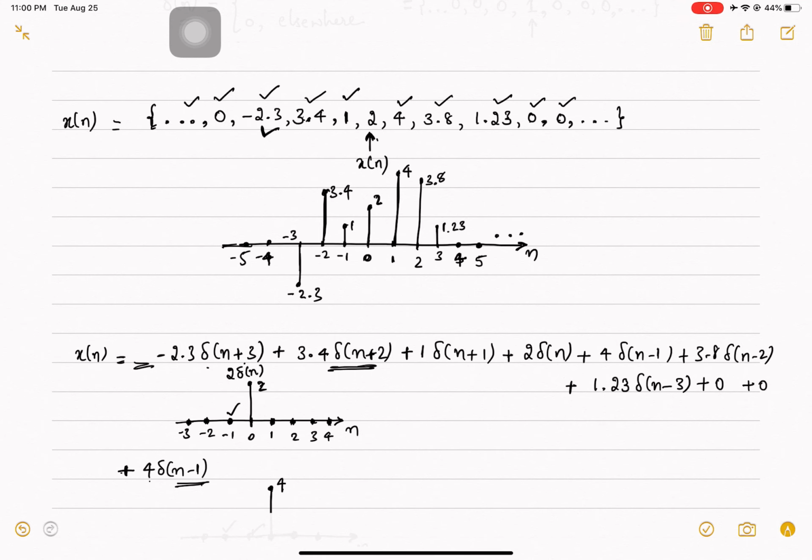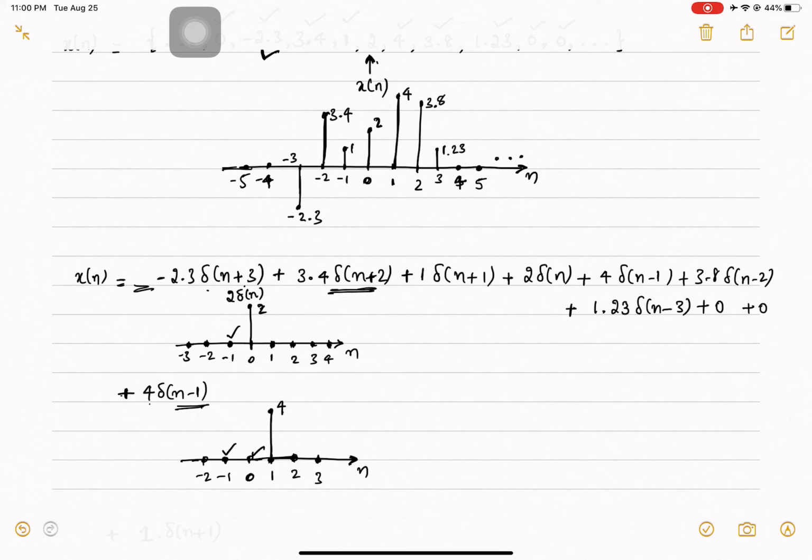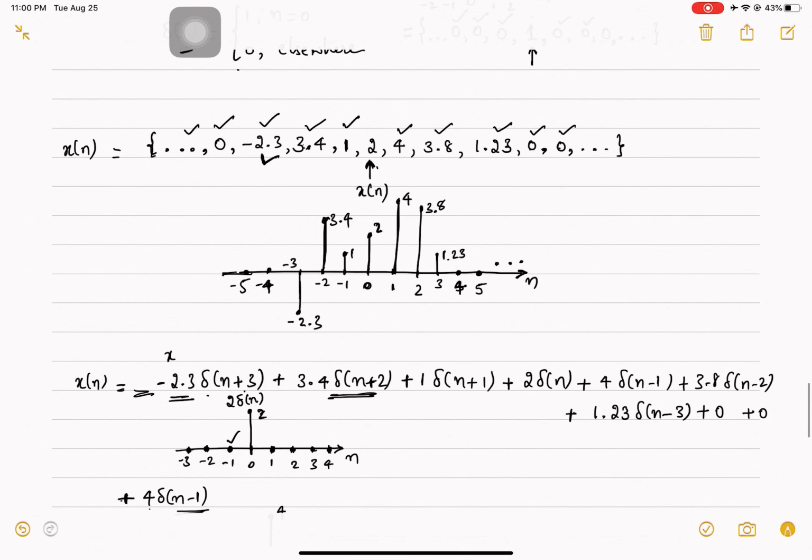Now what did I do? I expressed the general sequence as a linear combination of time shifted impulses. So what is this value of -2.3? Is this not x of -3? Is this not x of -2?